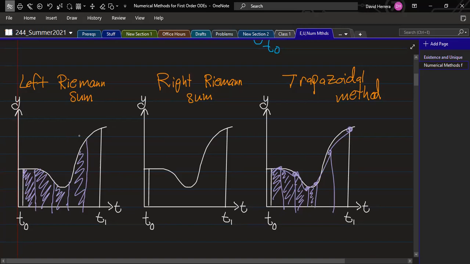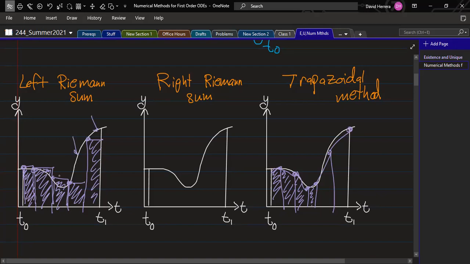But the exact way you calculate the rectangles is where the details are. So for this one, it's the left Riemann sum. So you use the left point to calculate the height of the rectangle. And you see that you're getting too much area here. But here, you're getting not enough area. It's missing all this area up here. You're missing all this area here. And if you do the left Riemann sum here, you miss all this area here.